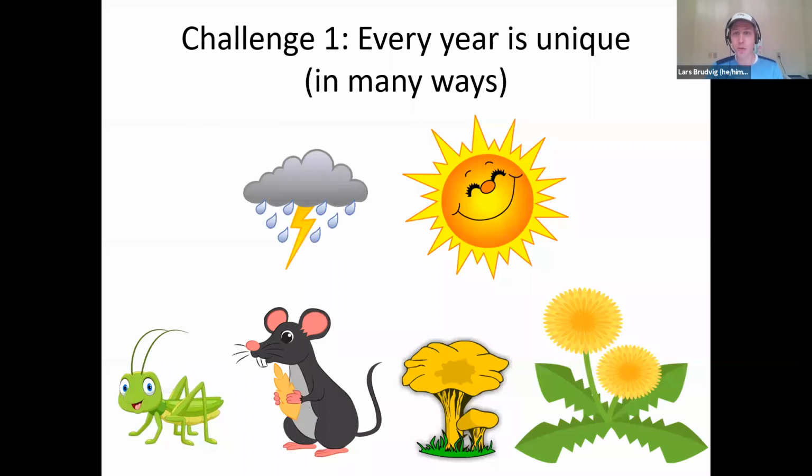The same goes for the weedy species, those species that are not sown as part of a reconstruction. Their abundance and their identity may vary from year to year because of the ways that environmental triggers express species out of the seed bank and how many of those seeds come out of a seed bank at the onset of a reconstruction effort. So, this is certainly not an exhaustive list, but hopefully you get the point that environmental conditions can vary in many, many different ways from year to year.